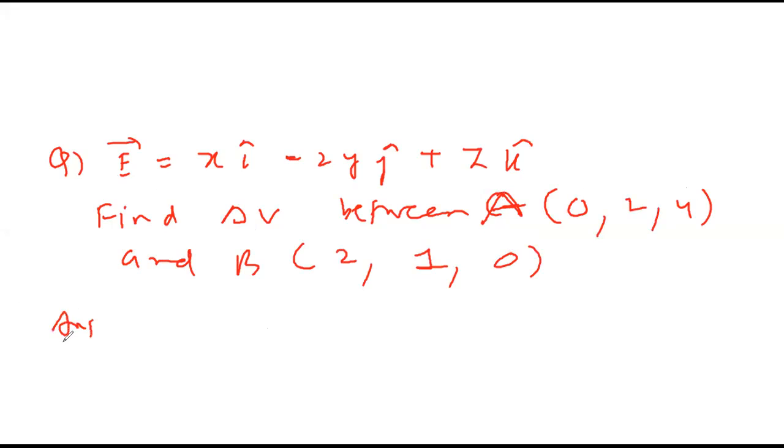So delta V, that means change in potential, is the integration from A to B of minus E bar dot dr bar. Write down the formula properly. If the paper is difficult, they can ask it the opposite way too.